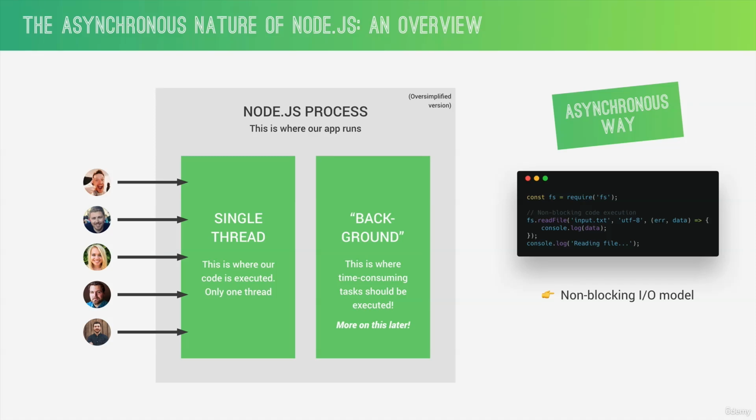Alright? And I/O simply stands for input-output, which is basically stuff like accessing the file system and handling network requests. This is actually the whole reason why Node.js is completely designed around callbacks, as you will see throughout the course.